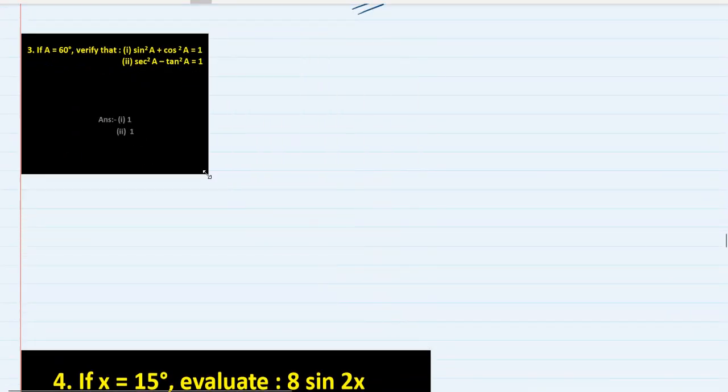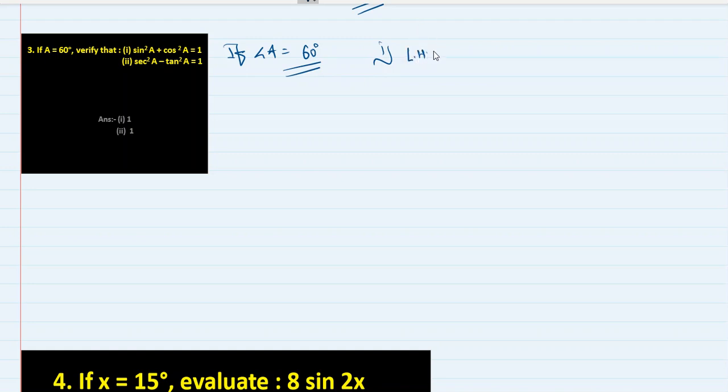Okay, this is interesting. So these kind of questions are a little out of the way, but they are interesting. Let's do it. If angle A is 60, we have to verify that number 1, sine square A plus cos square A is 1.